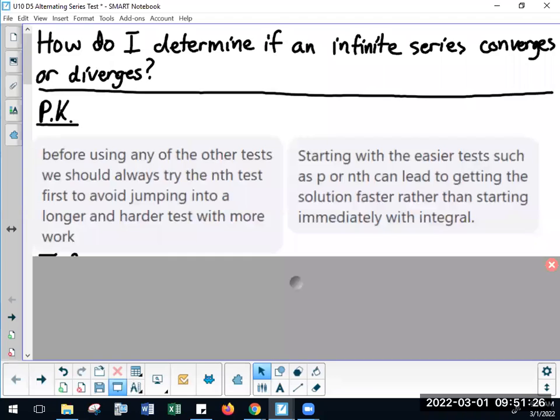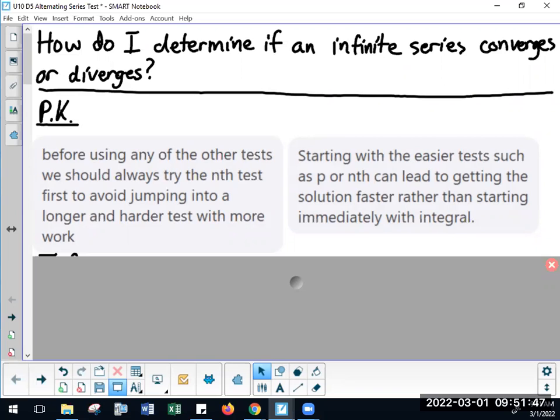I know the geometric series test can get a little bit hairy, but it is still usually quicker to look at a ratio of terms than to try to find an antiderivative.